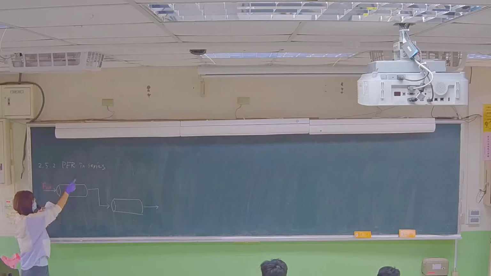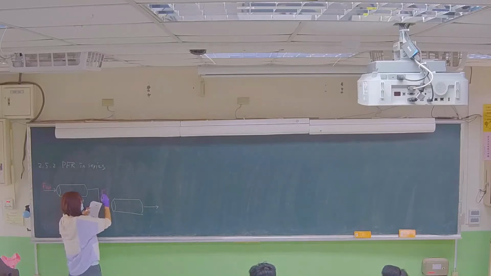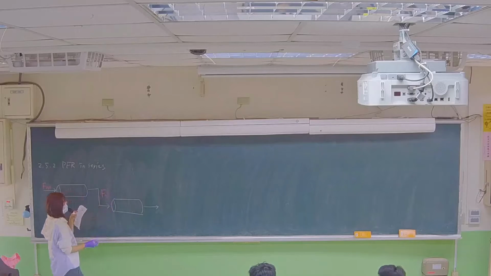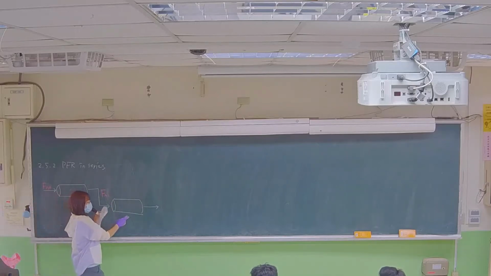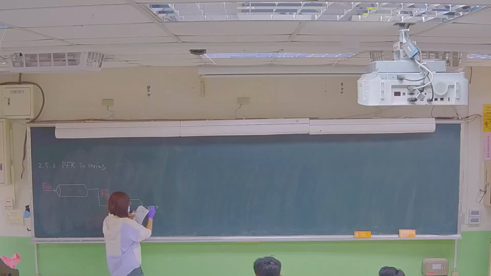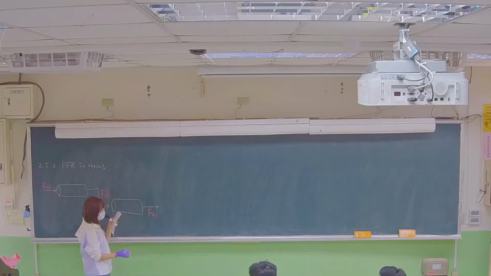Passing through the first reactor, at a certain point, like point 1, the molar flow rate is FA1, right? Passing the second reactor, like here, point 2, the molar flow rate is FA2.